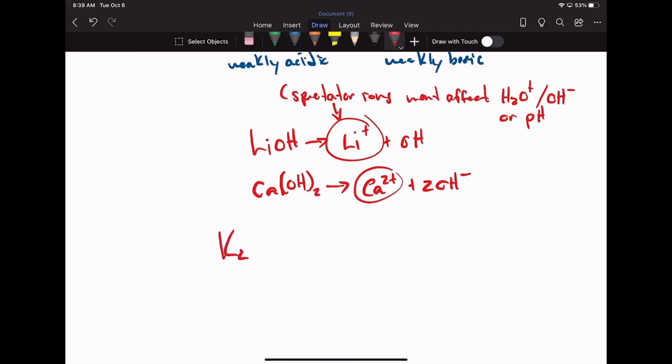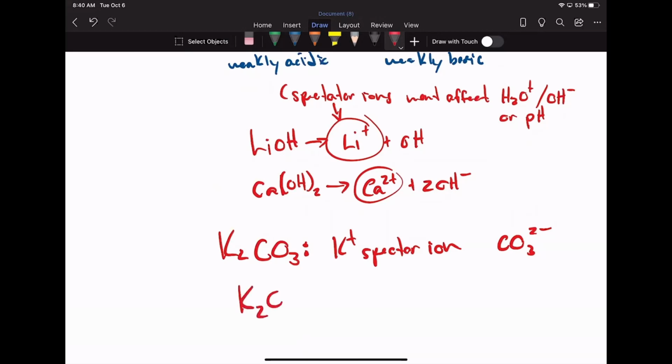How about something like K2CO3? We're looking at this, and this K is going to be my spectator ion. And we would consider this the conjugate base. So if we have this in a reaction, we have K2CO3. We split it up here.